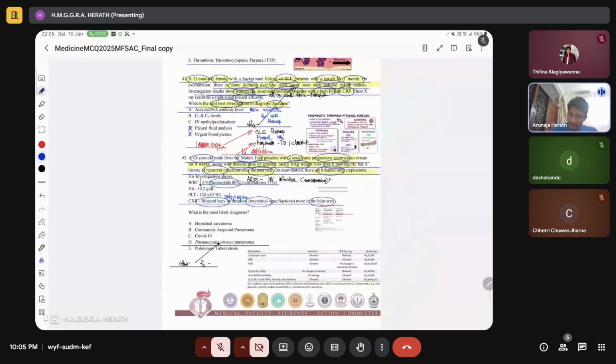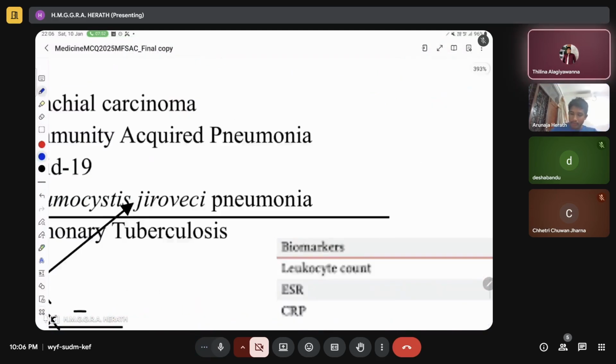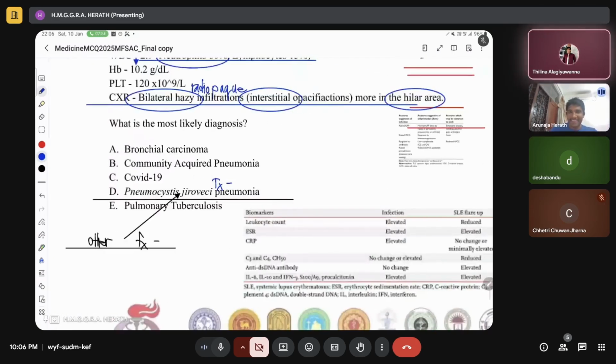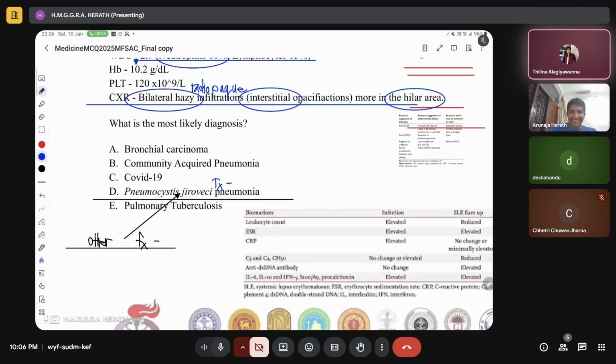In pneumocystis jirovecii pneumonia, what is the treatment? Treatment. What antibiotic? Okay, what antibiotic?